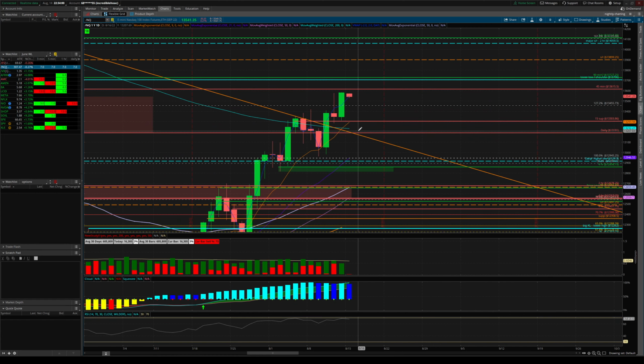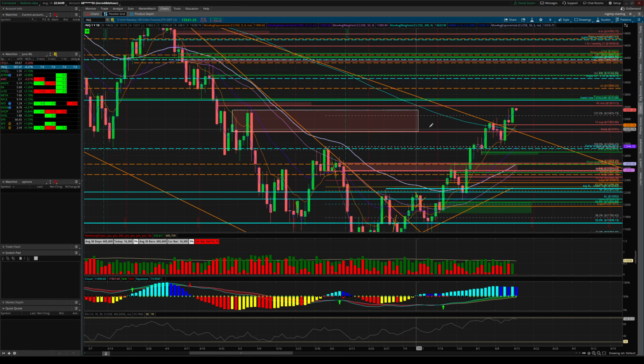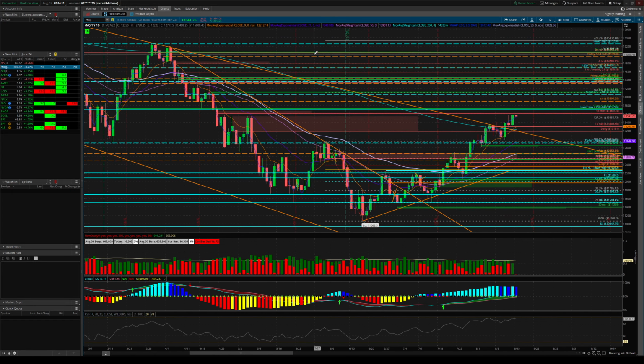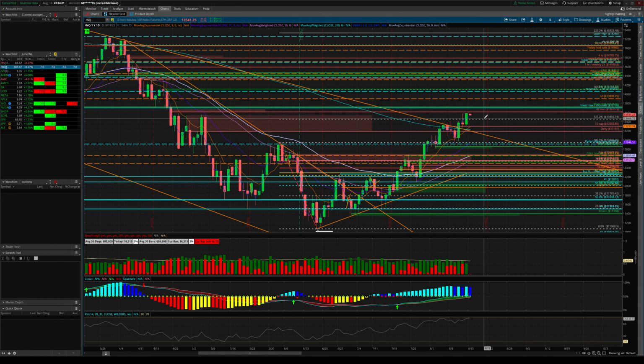So let's see if we can continue this bull run and get up to the next lower high. And that next lower high that we had on NQ was right about 15,280, right? So we can get up there. It's going to take a while. It's not going to happen overnight, but that would be the next goal if we can hold this breakout level.